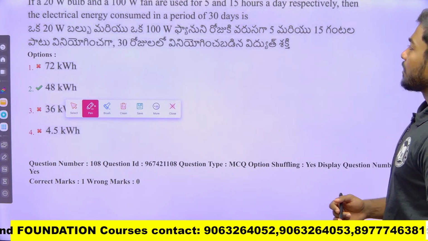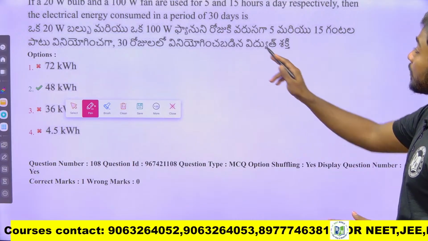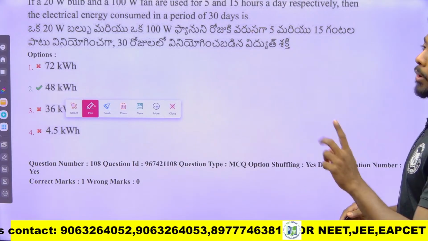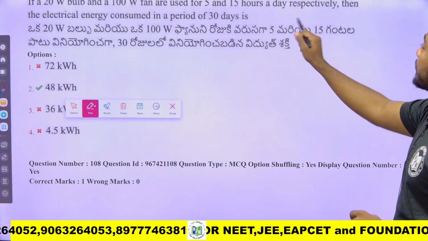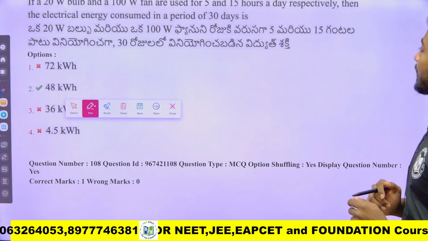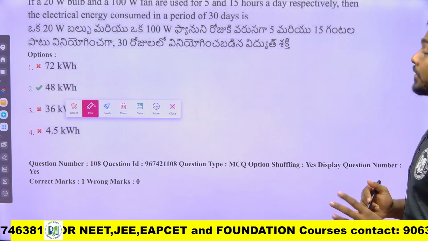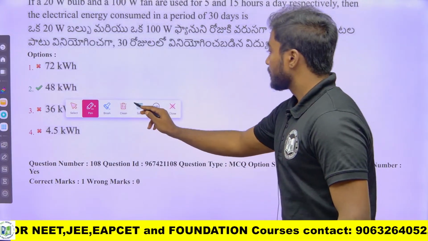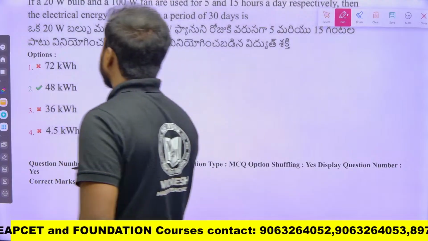If 20 watt bulb and 100 watt fan, 20 watt bulb, 100 watt fan are used for 5 and 15 hours a day respectively, then the electrical energy consumed in the period of 30 days. Okay. So, the given things I will write it now.